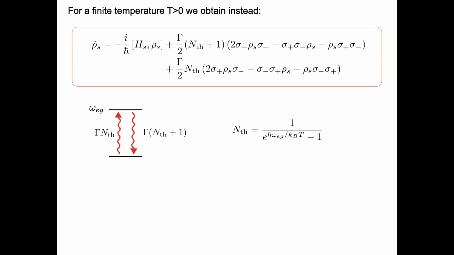This is all the Einstein A, B coefficients, or however they are called. So the atom decays faster, but at the same time, it can also get excited. And zero temperature means n thermal goes to 0, and then only the regular decay process occurs.